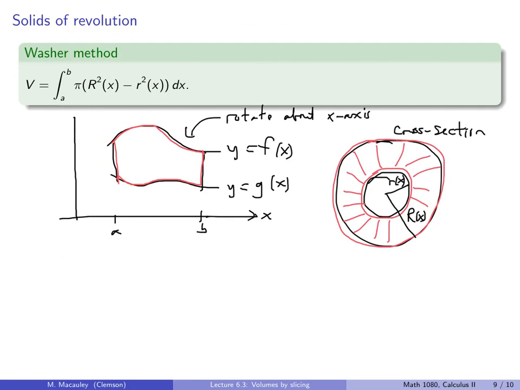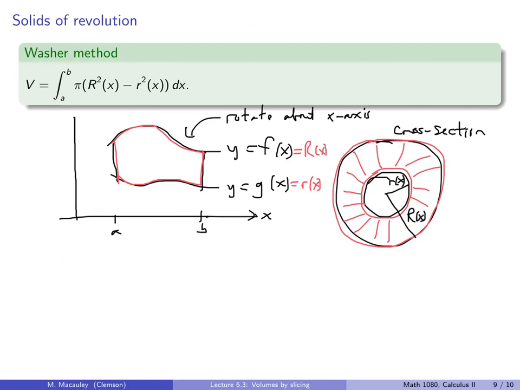Okay, so here, let me label this more completely. So given this radius is big R and this is little r, notice that this top function is big R of x, and this bottom function is little r of x.